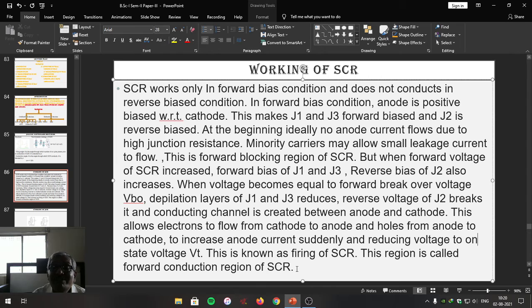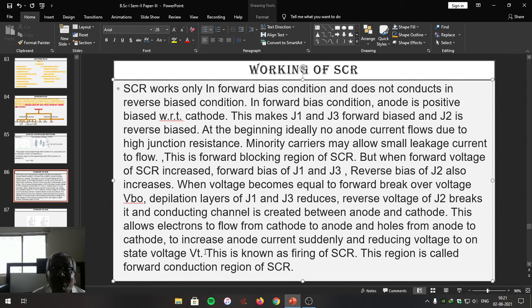The region within which the SCR fires and starts conducting the current, by breaking the reverse junction J2 and reducing the width of the depletion layer across J1 and J3, creates a channel. Electrons flow from cathode to anode and holes flow from anode to cathode, suddenly increasing the anode current and reducing the voltage drop across it to the on-state voltage VT.